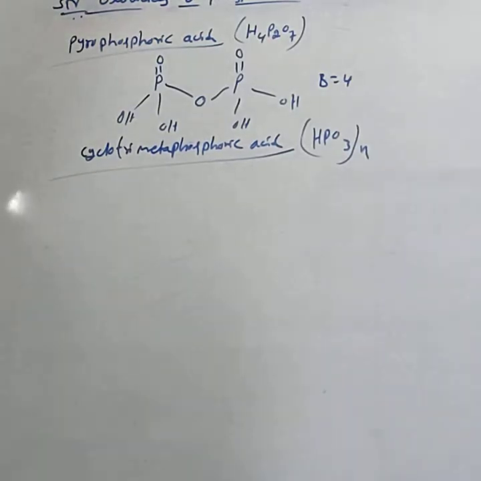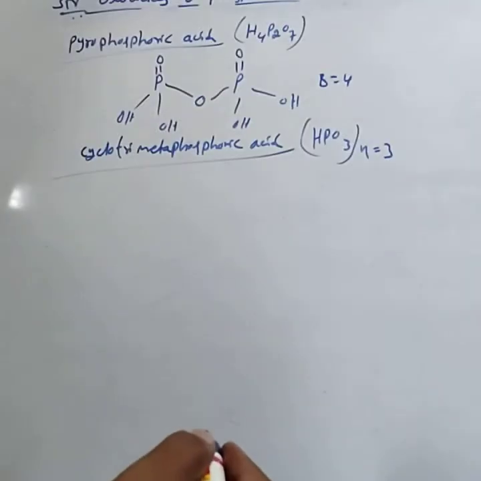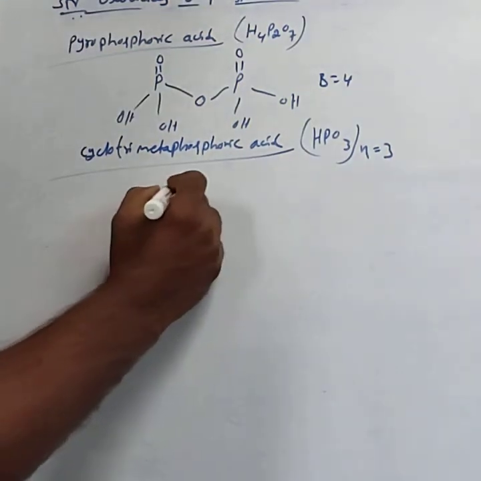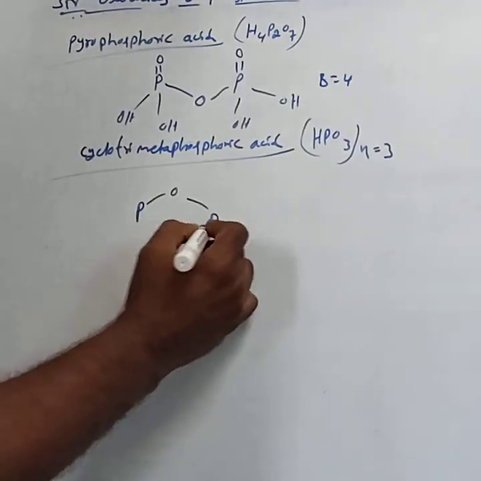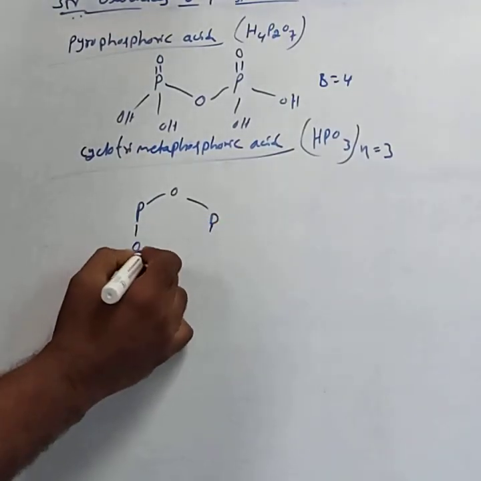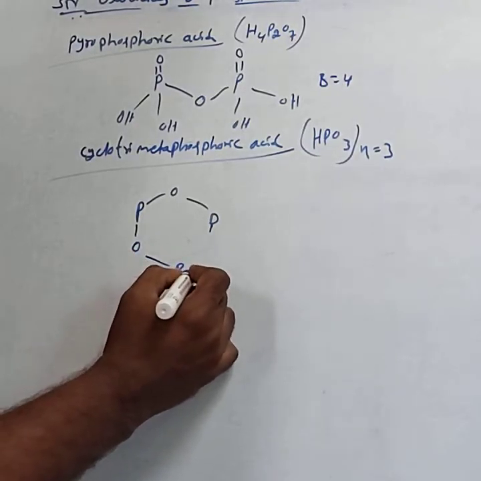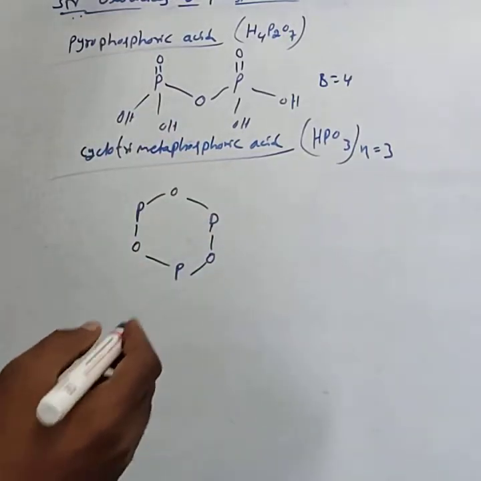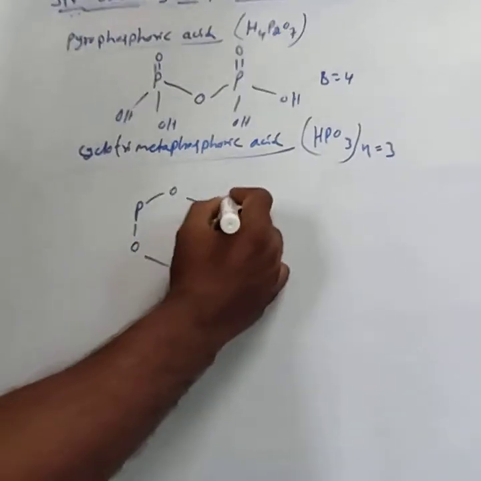That n is taken as 3. Then the cyclotrimetaphosphoric acid structure is a ring of P-O-P, then O-P, then O-P, and each phosphorus has one P-OH and one P=O bond.